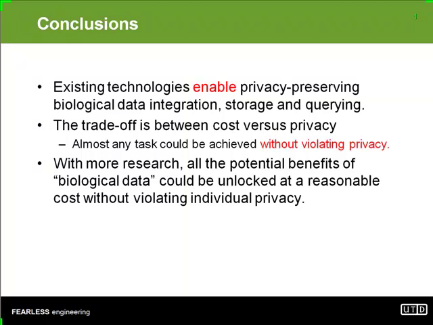Almost any computation you had in mind on any sensitive data could be done without revealing the individual data itself, like individual entries. So you can get all the aggregate statistics, all the aggregate results you want from any set of sensitive data without revealing the data. Therefore, privacy may not be the bottleneck. It's more the cost associated with it.